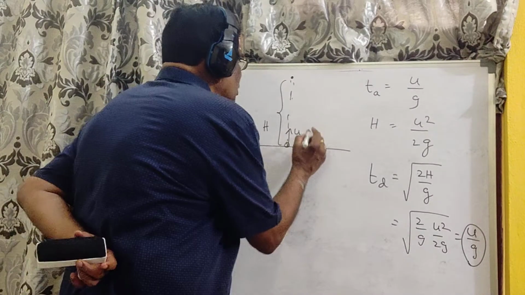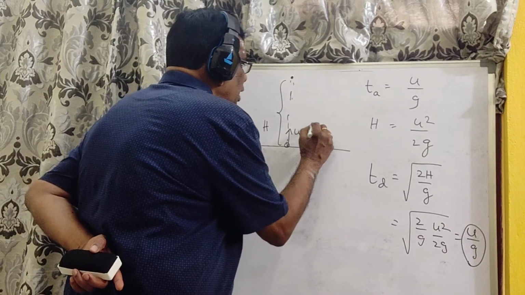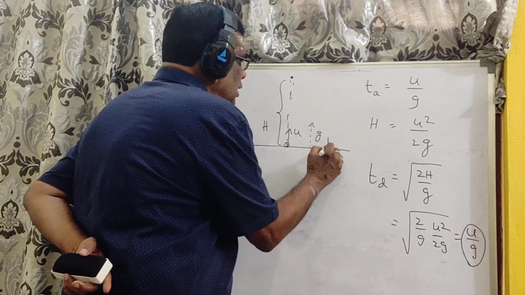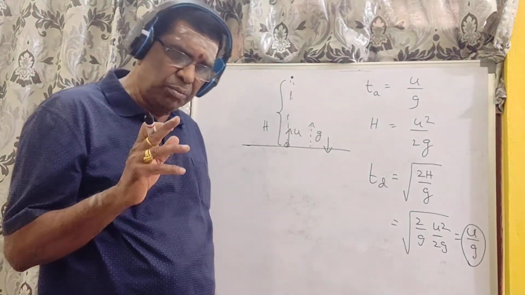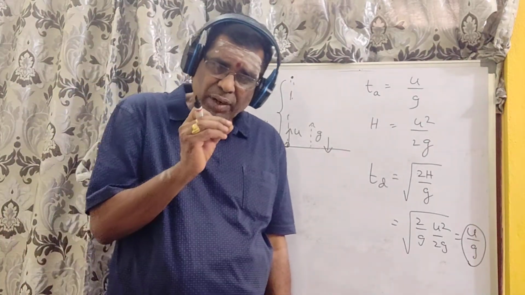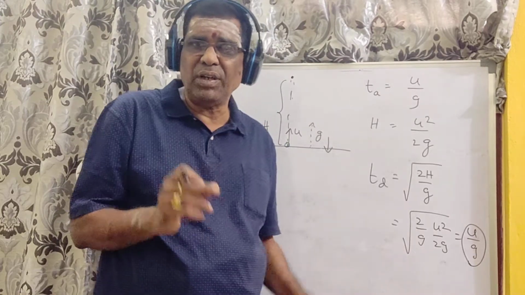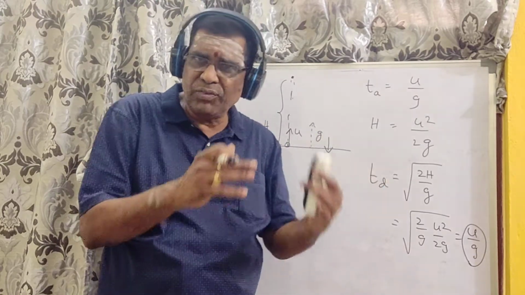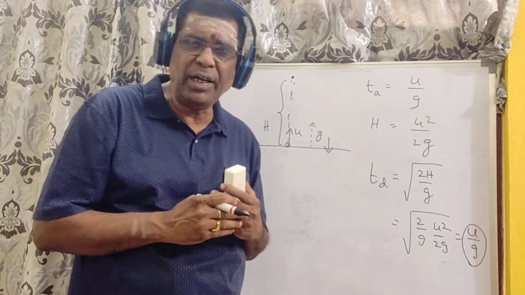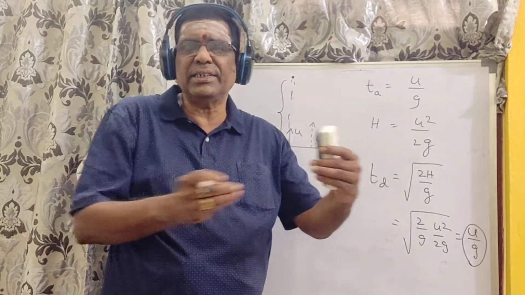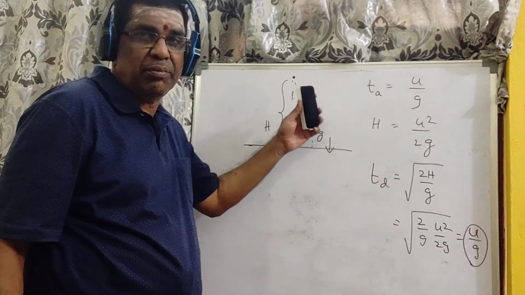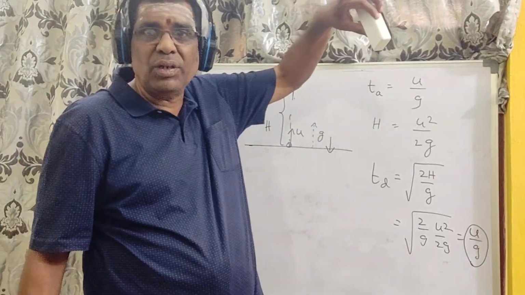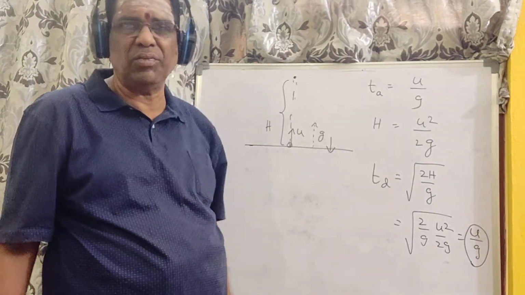If I project a body up, you know that the acceleration due to gravity is downwards. And you know one important thing is, when resistance is offered by any medium, any fluid such as air or water, it's always against the velocity of the body. And velocity of the body is upward now, therefore resistance must be downwards.